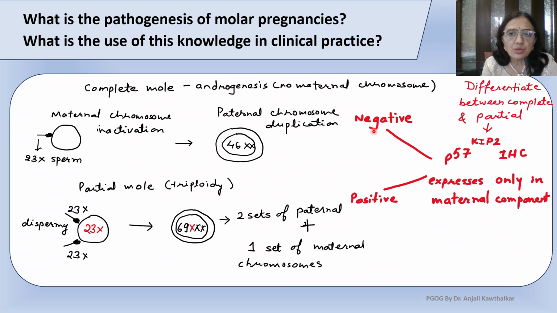As there is no maternal component in complete mole, this P57 IHC is negative in complete mole, whereas it is positive in partial mole. That is how to differentiate between complete and partial mole. This staining is based on the fact that complete mole has no maternal chromosomes, whereas partial mole contains maternal chromosomes.